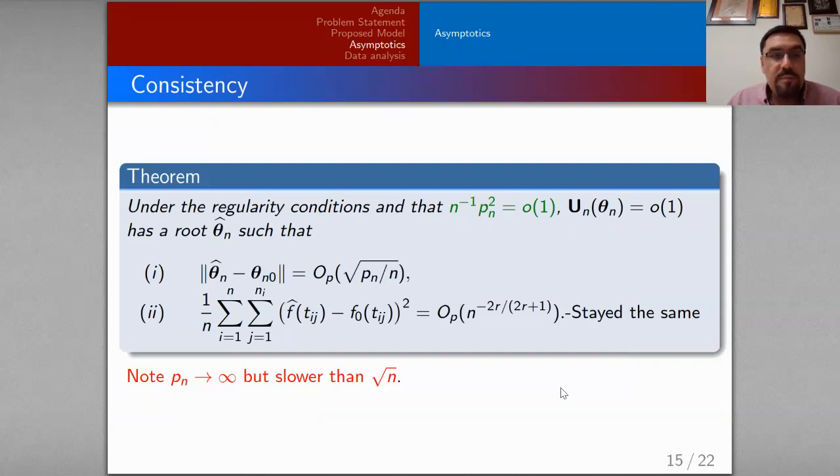In the other theorem, we show that the proposed results are consistent, and we must further consider that Pn goes to infinity, but slower than square root of n.